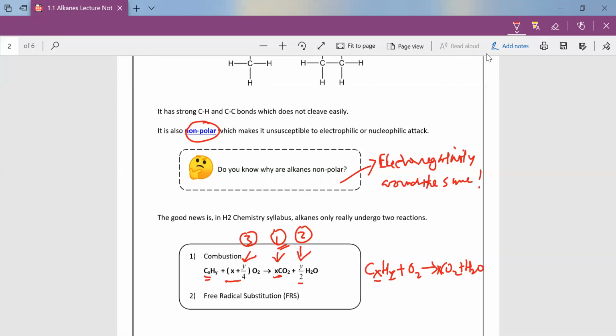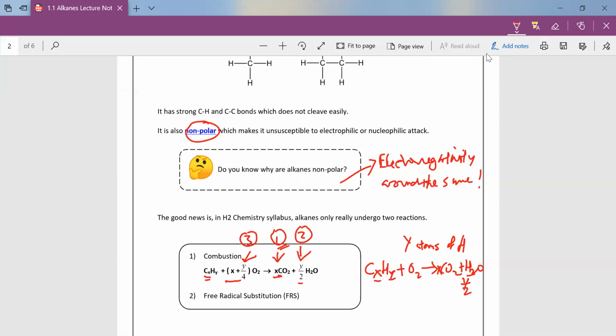The second one is your H, because all of the H will come from the Hy, so you literally have y atoms of H on both sides. Since this is H2, you will need to multiply it by y over 2, so that the 2 cancels out and you end up with y atoms of H.